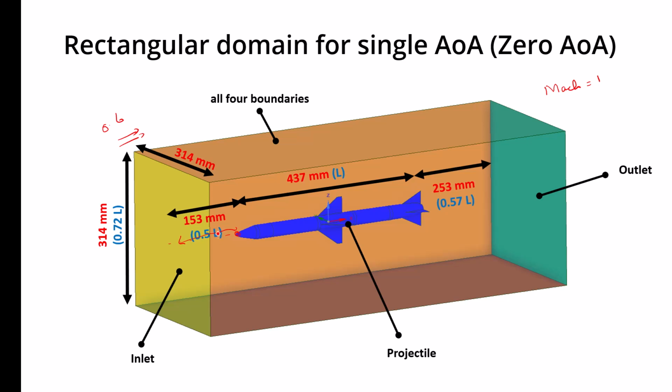So the domain size can be very small. For example, the length of the missile is like 437, so I call that length L. The distance here is only 0.5 L, but in the case of subsonic flows, I would have kept at least 5 L. Similarly on the downstream side, but there is wake flow and other things, so that size should be calculated properly.